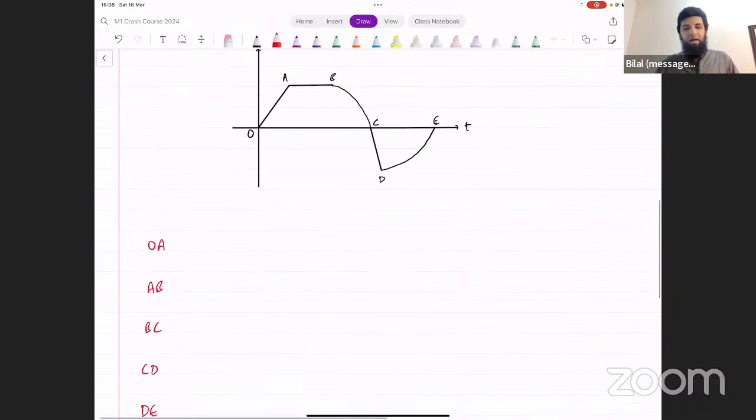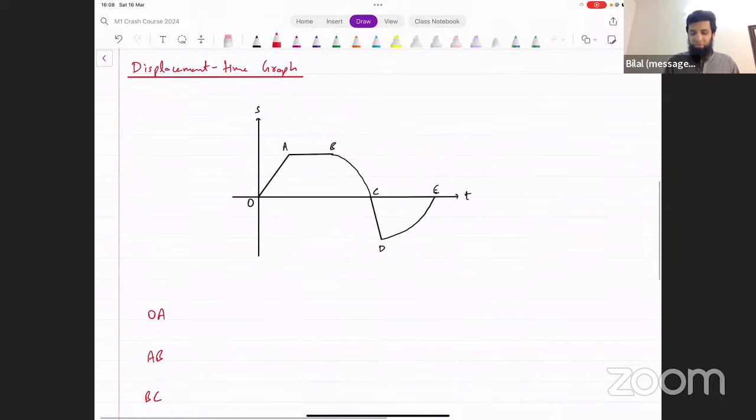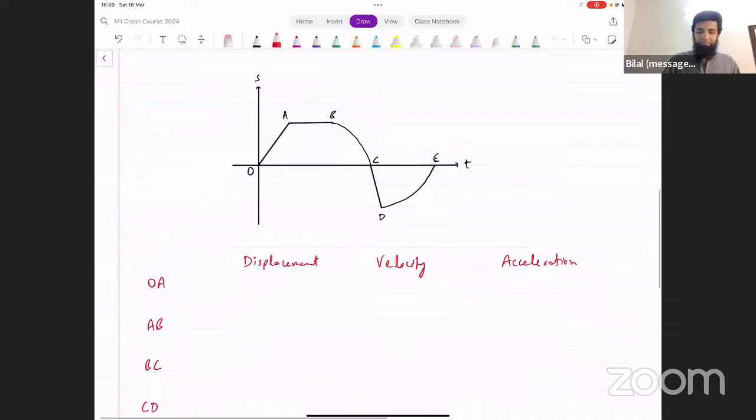Let's understand how displacement, velocity, and acceleration are changing in each of these parts. What can you say about each of these things using this diagram?